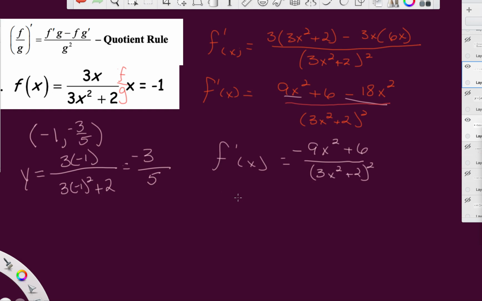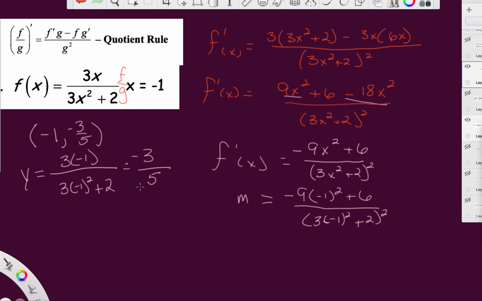Now, to find my slope, m is what happens when I input my -1 here. So everywhere I see an x, I put in a -1. So -9 times -1 squared plus 6 over 3 times -1 squared plus 2, and we already know what that value is.